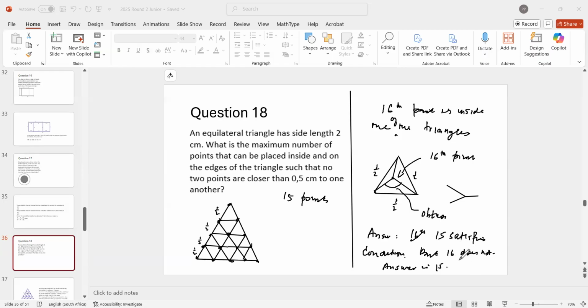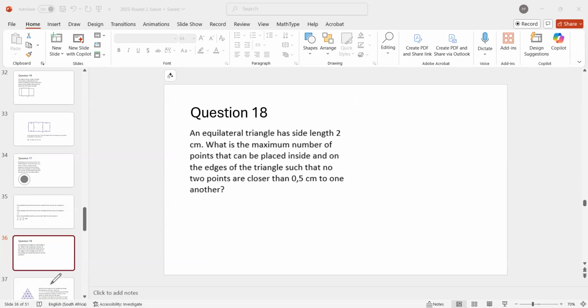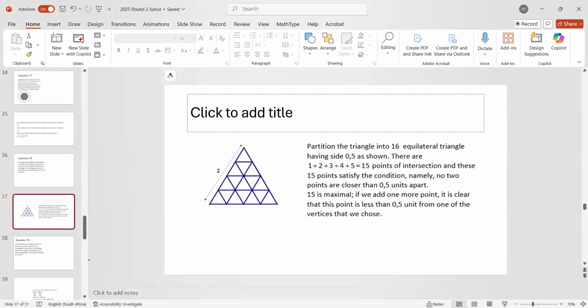Beyond that, the condition is violated. All right. So let's just check to see if my answer is 15. They haven't said so, but 15 is the maximum. It's exactly the same thing. All right.